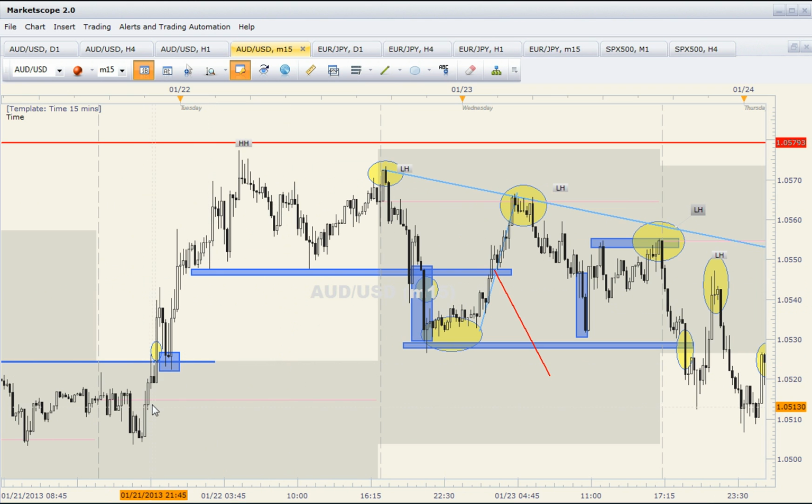So price, at the open in the Asian session, moved up sharply, and then into 12 o'clock, 2 o'clock, 3 o'clock here, price again continued moving up sharply.